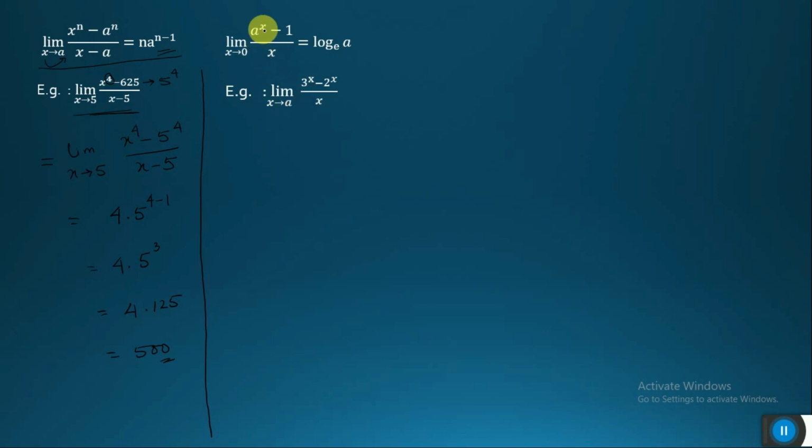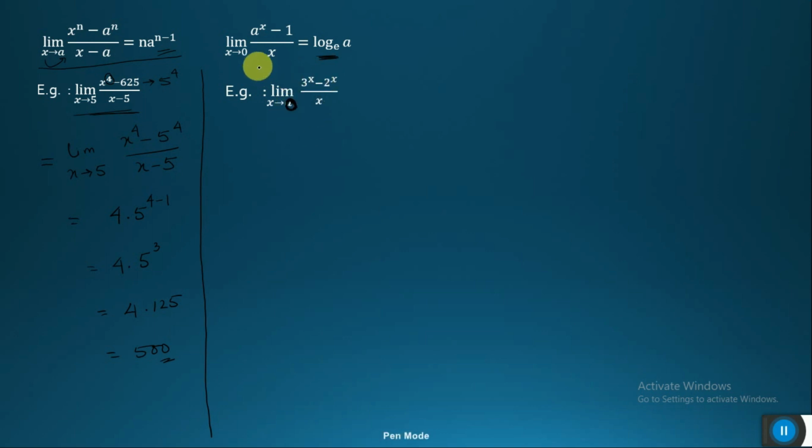Now let's see, this is (a to the power x minus 1) by x, which is log base e, and this is natural log. Okay, so don't worry about this because you'll be using natural log only all the time here. So now what you will do, see this is different, x tending to, this should be 0.